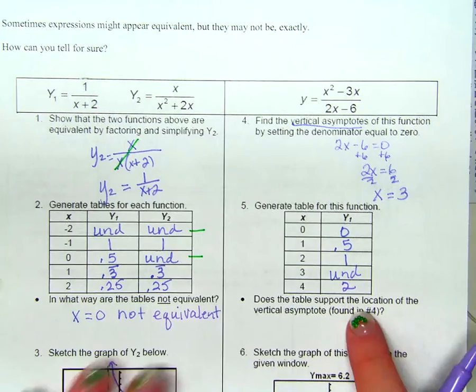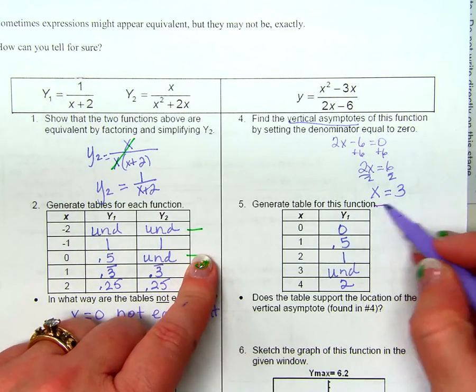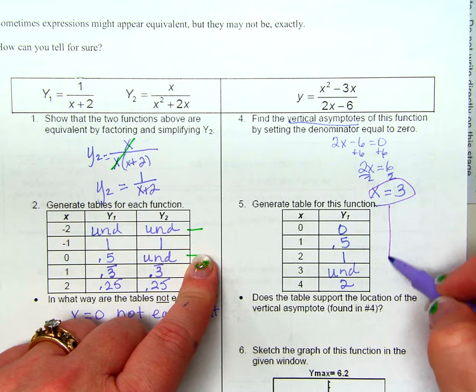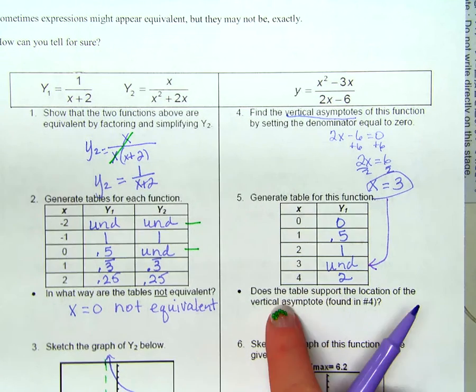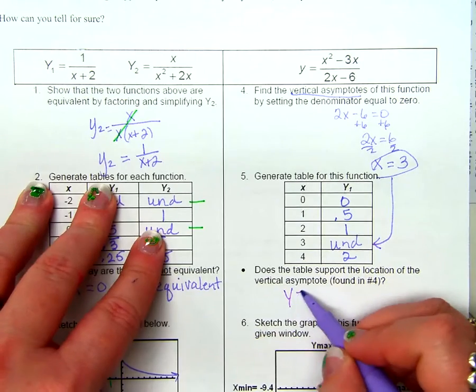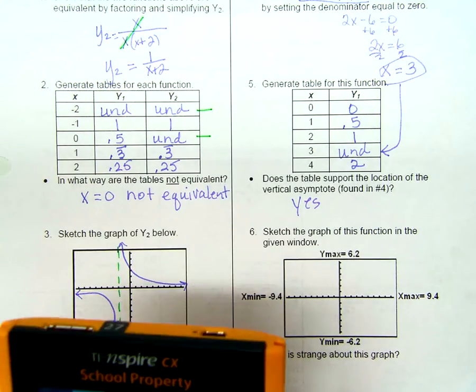Does the table support the location of the vertical asymptote? What do you mean by saying yes? Undefined, right? We have undefined in the y value when x equals 3. So yes it does. Does the graph support it? What's the graph look like?